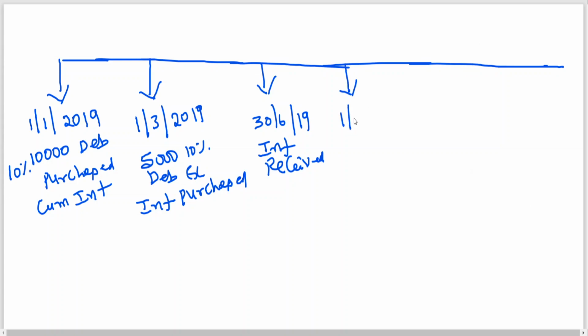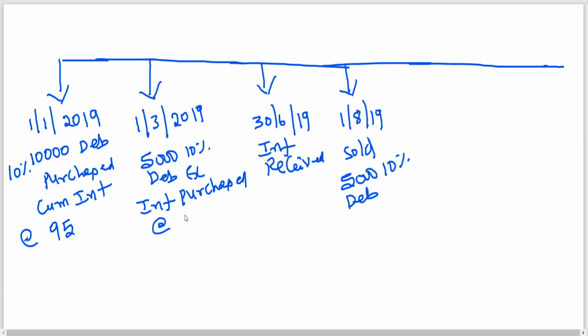Then 1st August 2019, sold 5,000 10% debentures. And here I should give values. 10,000 debentures purchased cum interest at the rate of 95. 5,000 10% debentures ex interest purchased at the rate of 105.